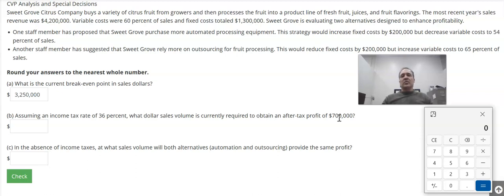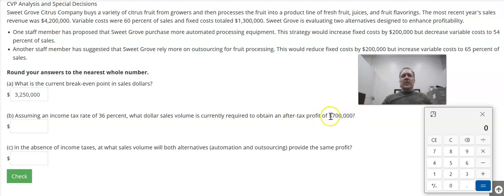I would encourage you to have some paper ready so you can pause the video and jot all this down. So what we're going to do here, it says what dollar sales volume is currently required. So we're going to have to use a variety of factors that are included.